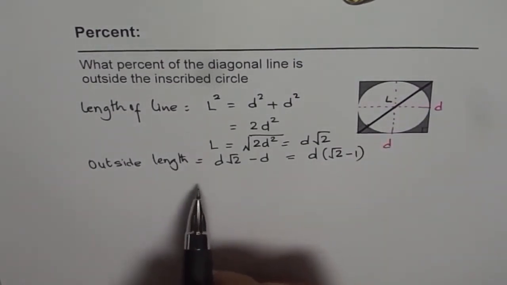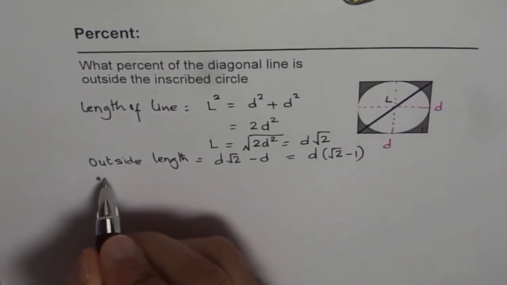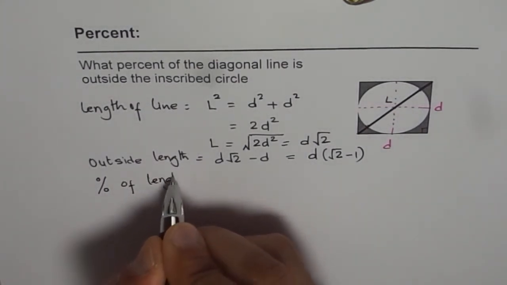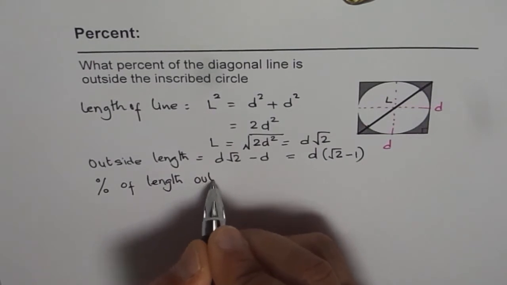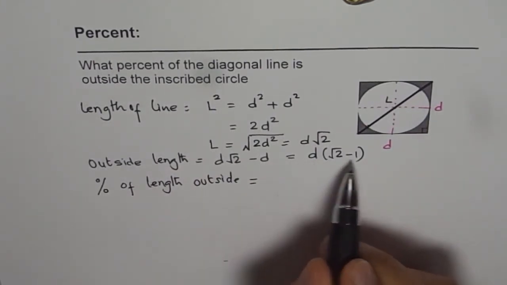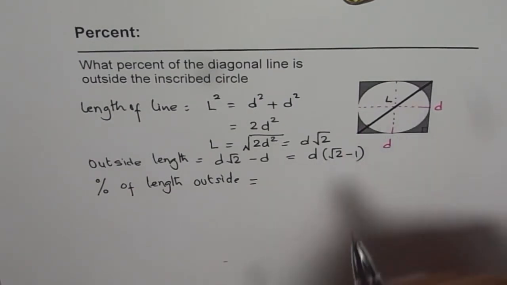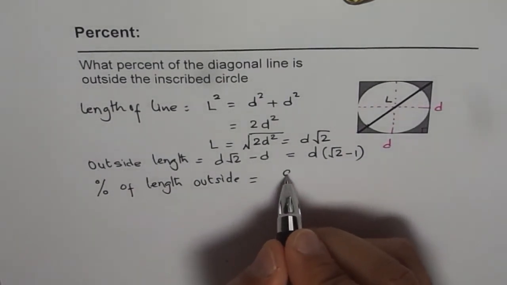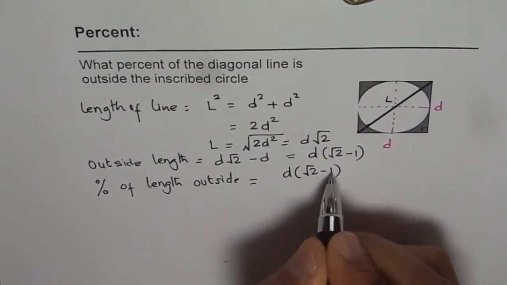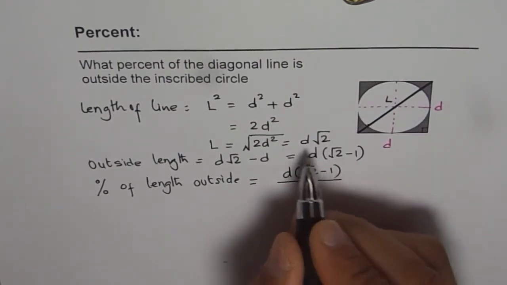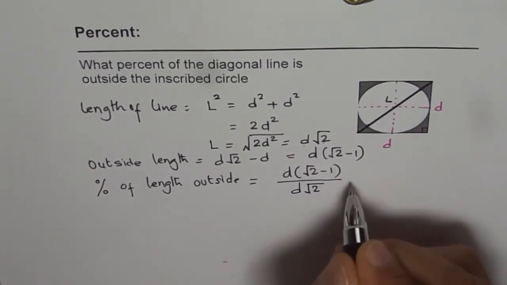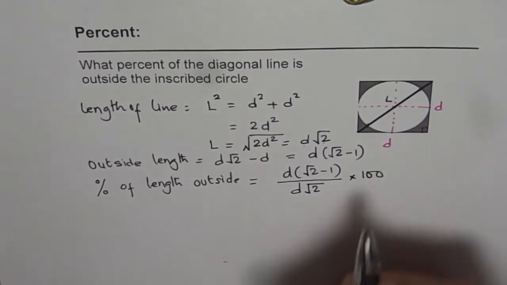Now we need to find the percent. The percent of length outside is equal to the outside length divided by the total length times 100. So it is d times square root of 2 minus 1, the outside length, over the total length, which is d times square root 2, times 100. Do you see that?